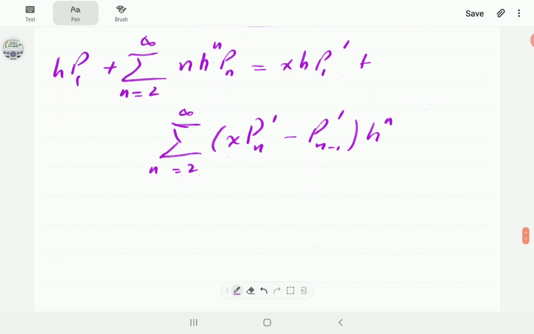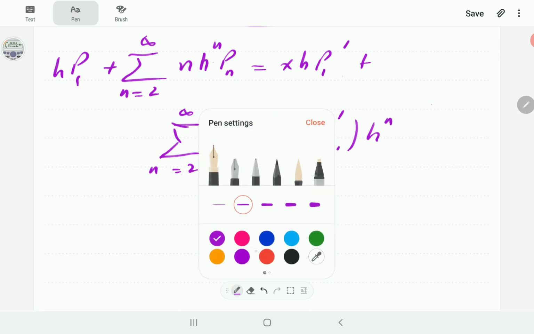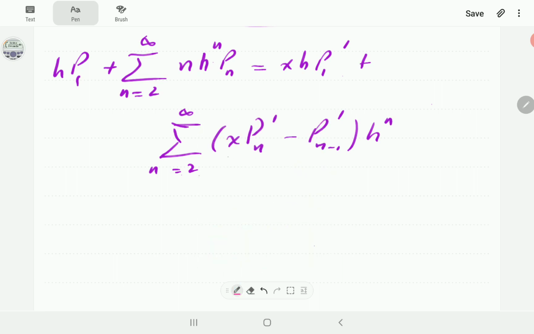And then again, if we compare the powers, the h to the power 1 terms again agree, because this one is just x, and this one P1 prime is 1, so again it's just x, so it's just saying x is equal to x.